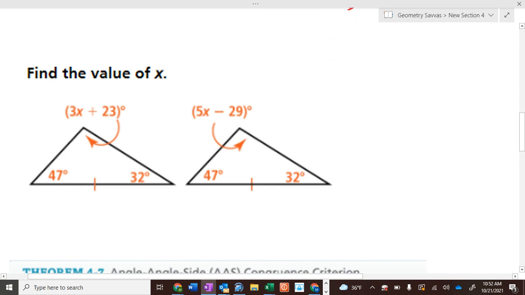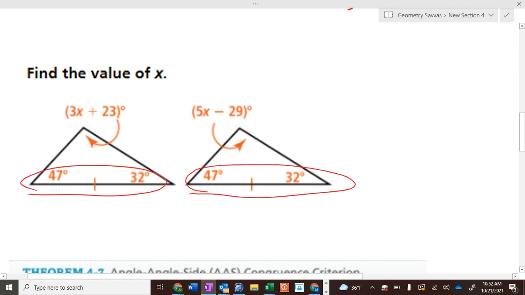How do we find the value of x? Make an equation. Can we set these equal to each other? Are they equal? By angle side angle, these two triangles are congruent, right? So then by CPCTC, 3x plus 23 is equal to 5x minus 29.